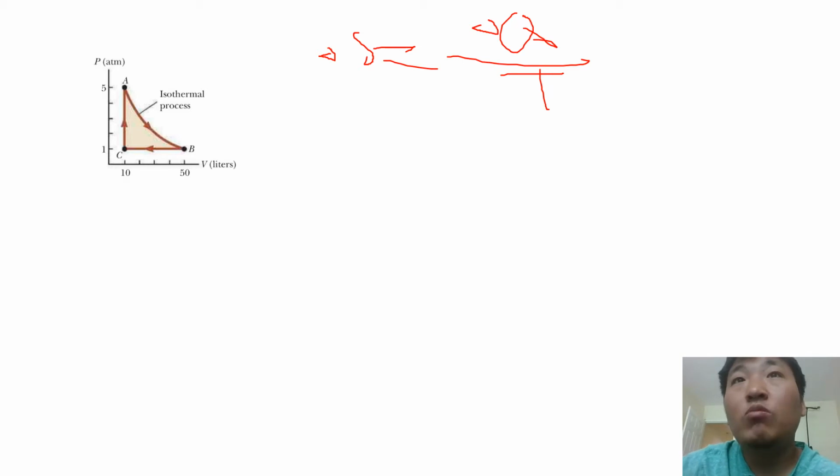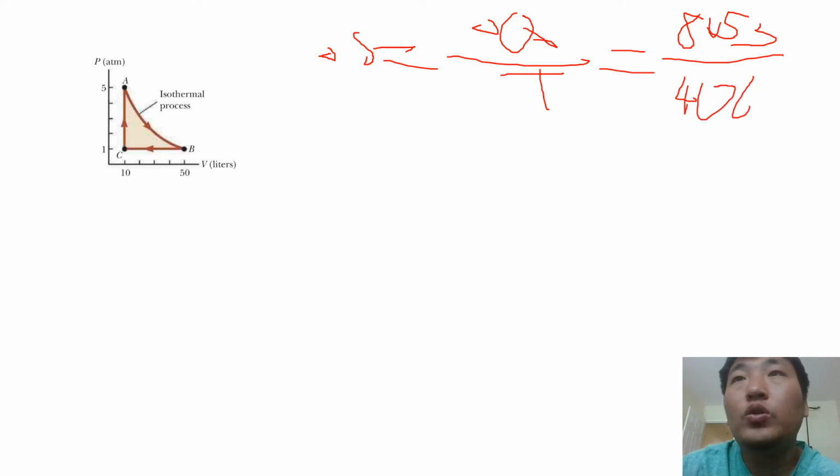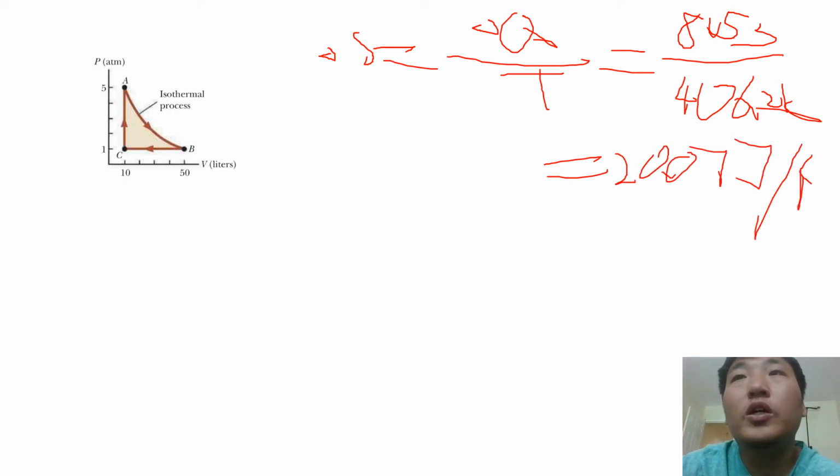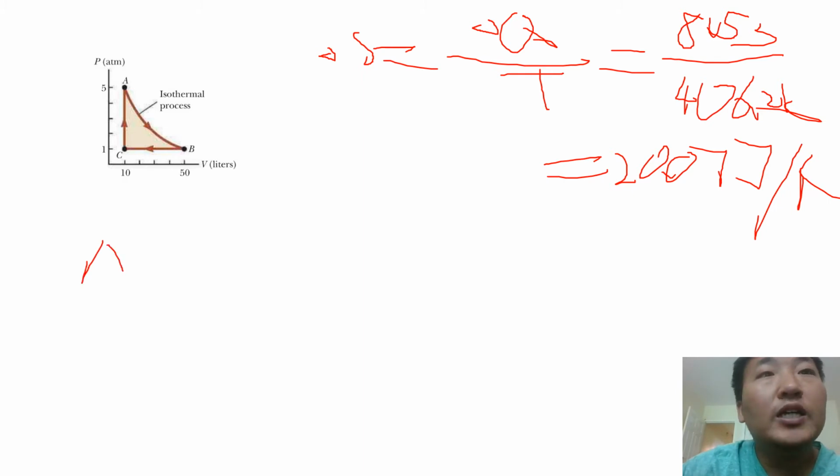We get the Q from the previous slide, which is 8,153, and divided by the temperature, 406.2 Kelvin, that leads to 20.07 joules per Kelvin. So that is our entire A to B process.